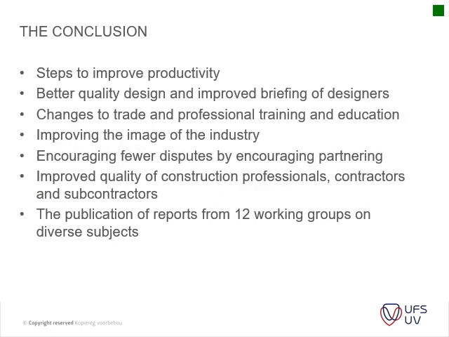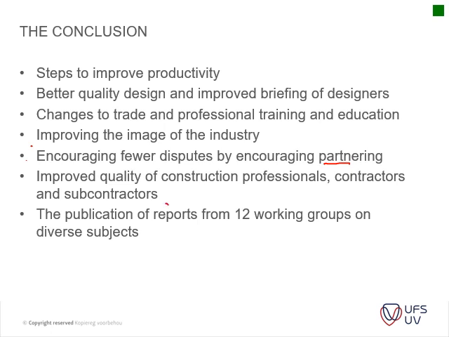The conclusion from the report was steps to improve productivity, better quality design and improve briefing of designers, challenges to trade and professional training education, improving the image of the industry, encourage fewer disputes by encouraging partnering. This is quite an important item which has in many sections actually started.